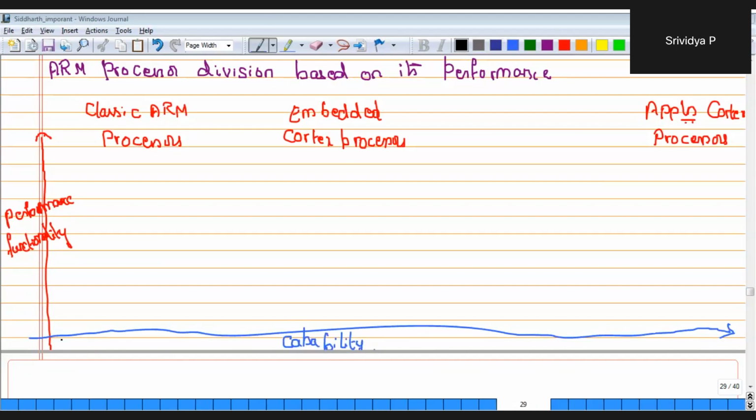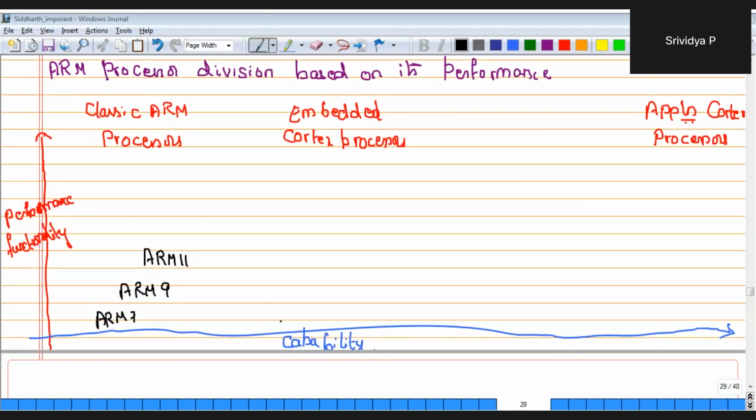Coming to classic ARM processors, under classic ARM processors we have ARM 7, ARM 9, and ARM 11 processors.